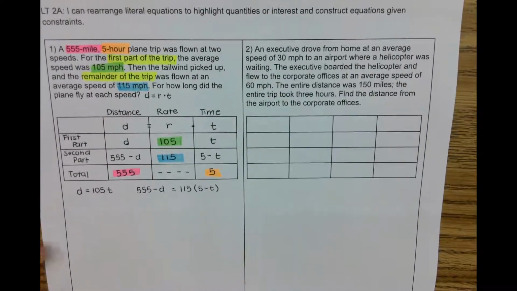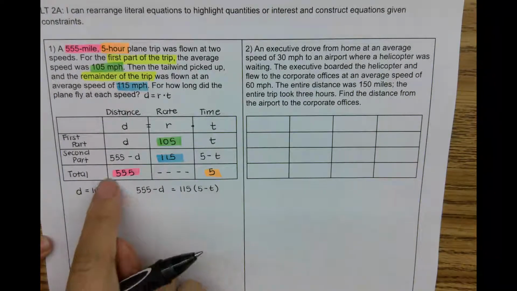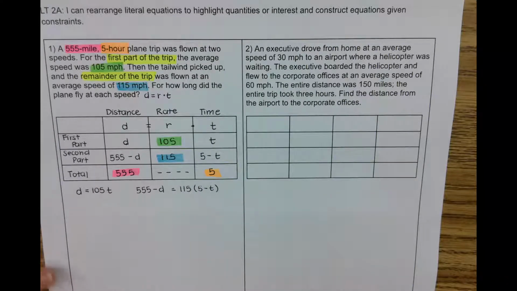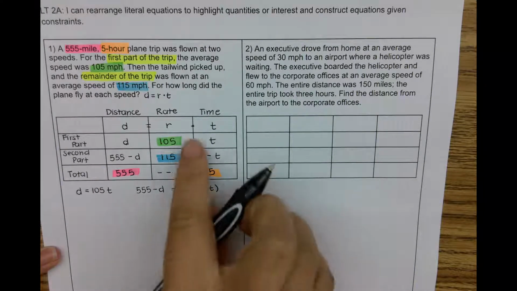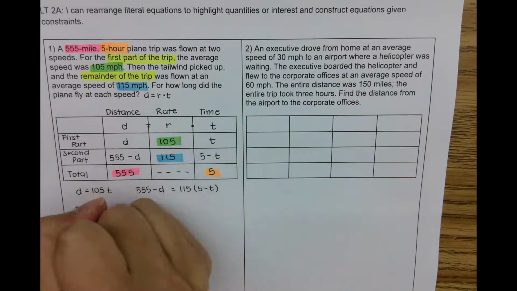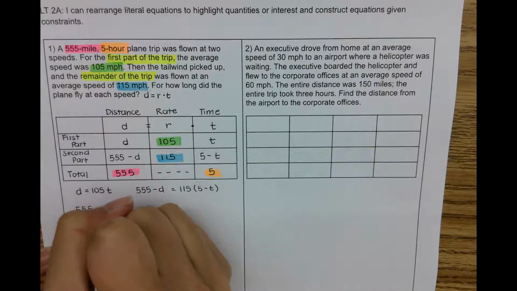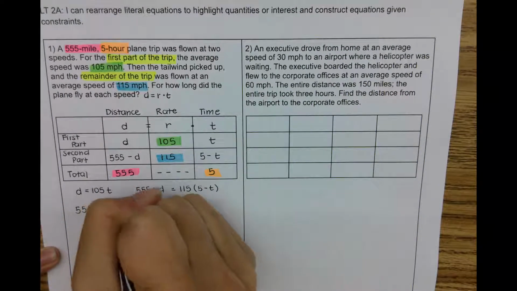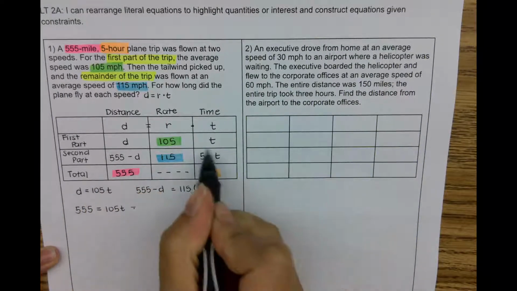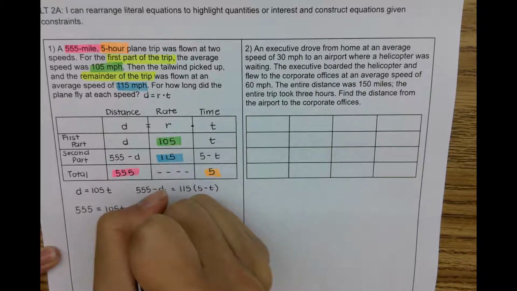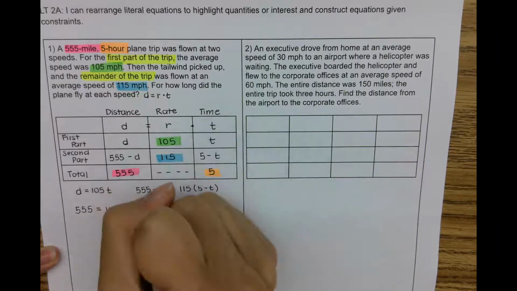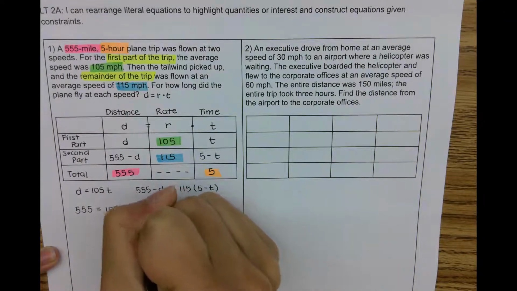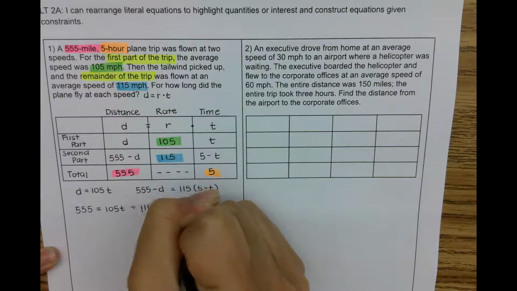So this is the distance of my first part of the trip, and this here is the distance of my second part. If I know that the total distance was 555, I can do the first distance, 105t, plus the second distance, my pen's dying, 115 times 5 minus t.